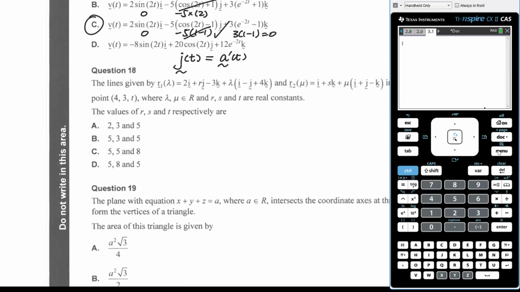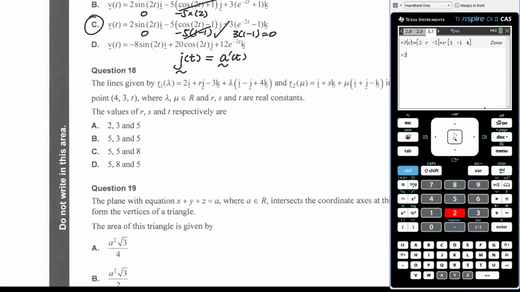What you can do is, let's say, R1 of, we can't find the letter lambda unless we go to the Greek letter template. So I just use R1 of x is assigned to, let's say, 2r negative 3 plus x times 1 minus 1, 4.